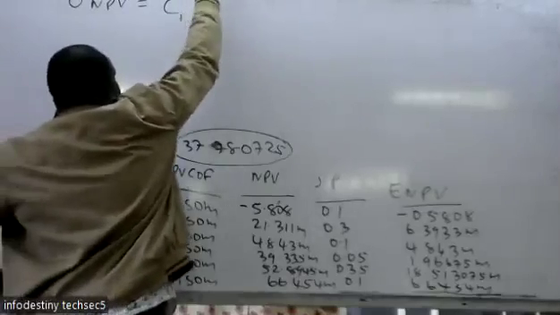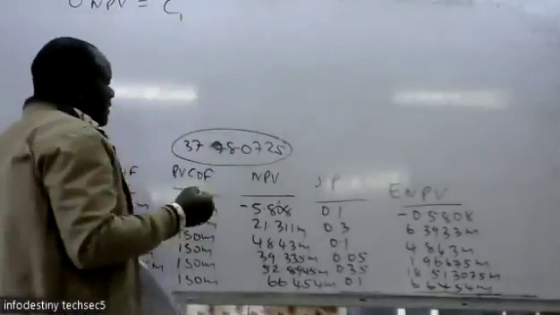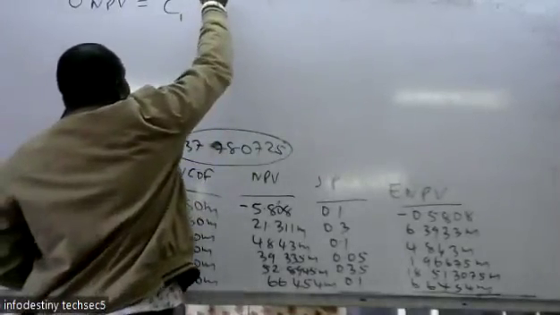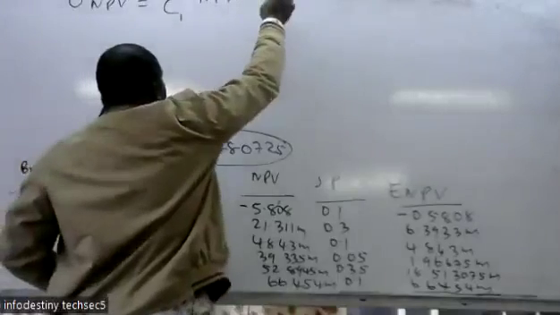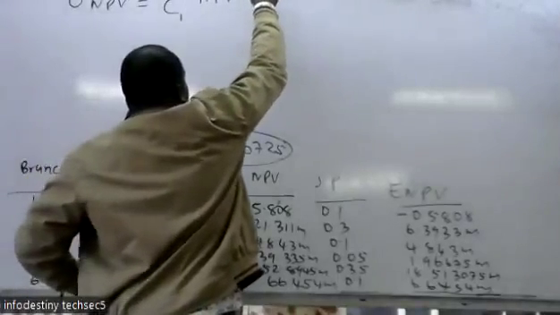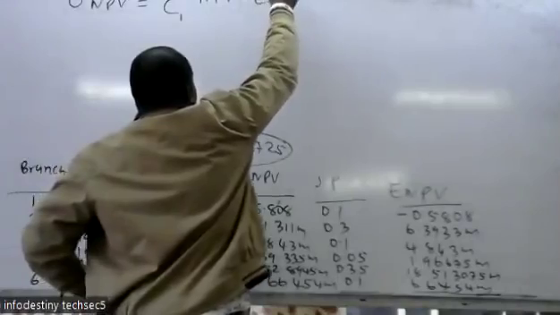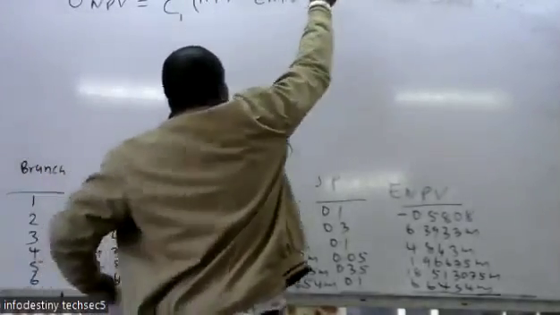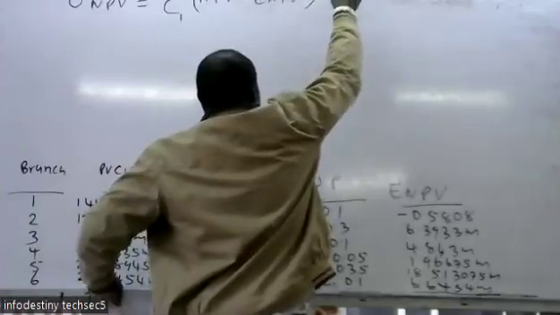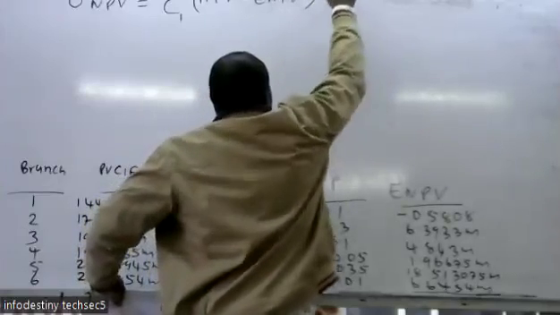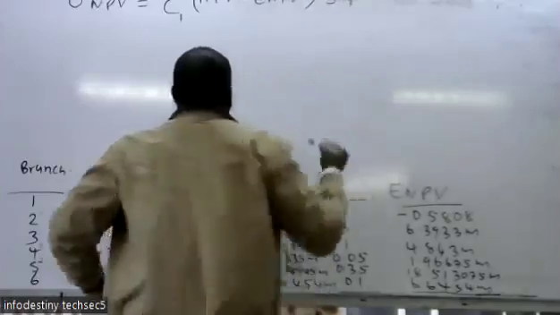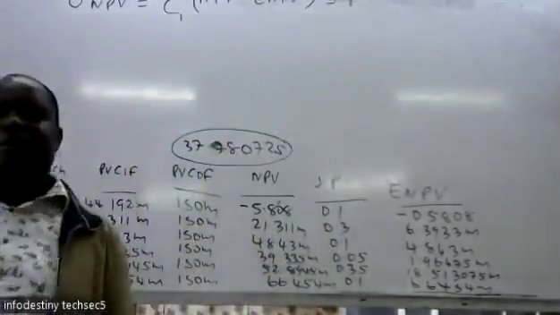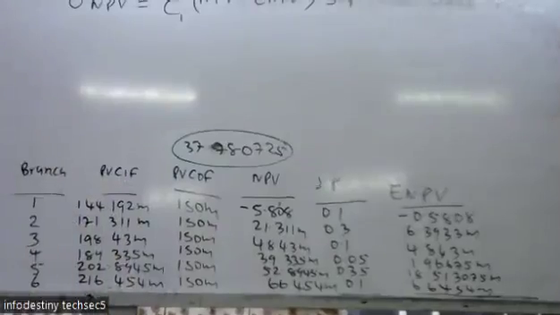N will be 6, as there are 6 branches. So we take the NPV of each branch, subtract the expected NPV, square it, and multiply by the joint probability.